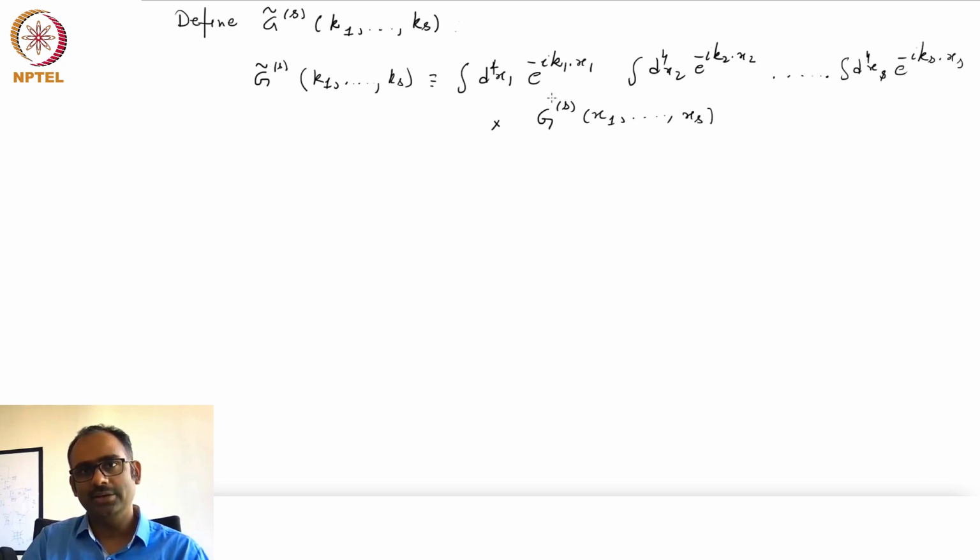So, given a correlation function or a Green's function, which is a function of these x1 to xs coordinates, I do a Fourier transform of each of these.